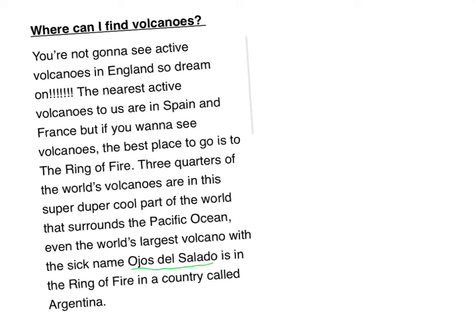So, a few top tips. There is some good vocabulary there that you'd want to keep, which I'm underlining in green. These are facts as well. 3/4 of the world's volcanoes are in this part of the world. That's all true. You're not going to see active volcanoes in England. That's all true. But you might want to change things like wanna. But if you wanna, it's going to be want to.